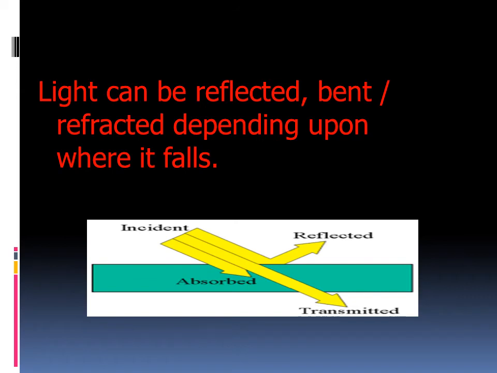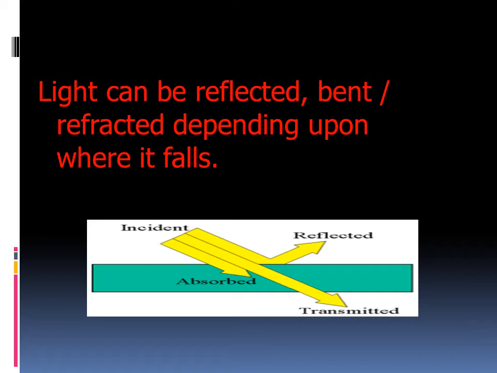Now let's move towards, as we already discussed, that when light is reflected, then only we can see the object. So light can be reflected, bent or refracted depending upon where it falls. As for example, let's take the example of water.